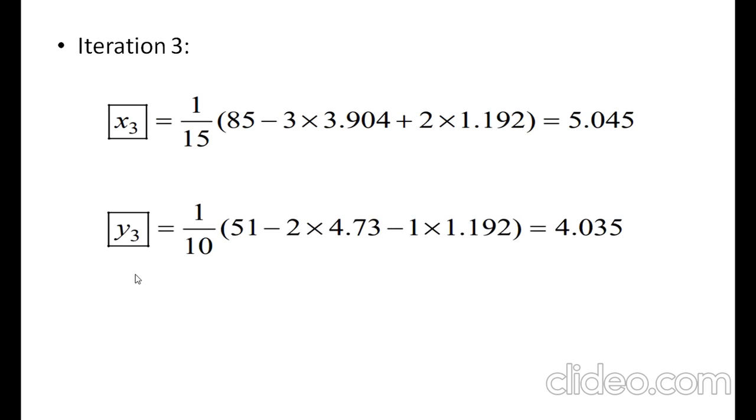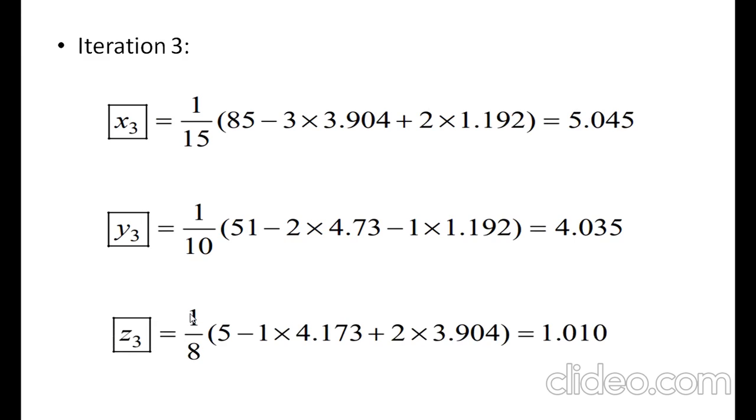Now y3 is equal to 1 upon 10 in bracket 51 minus 2 into 4.73 minus 1 into 1.192, which is equivalent to 4.035.